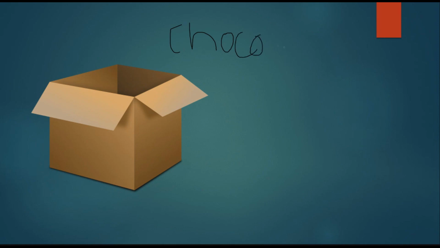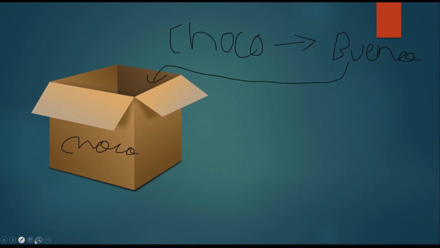It's a chocolate named Bueno in real life, if you know that chocolate. That's my favorite one. So you take that and you store it in the box, and then you give the box a name, for example, Choco. Think of it like that, okay?